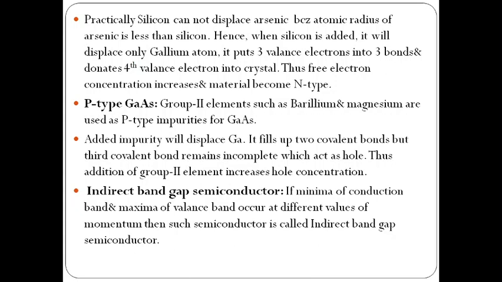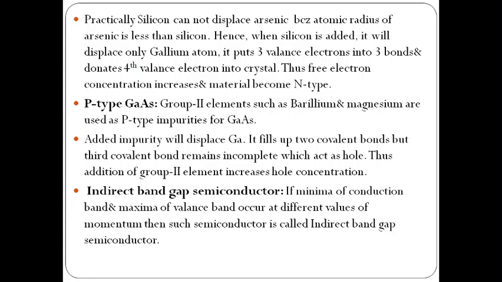It fills up 2 covalent bonds, but the third covalent bond remains incomplete, which acts as a hole. Thus, addition of a group 2 element will increase the hole concentration, and it will act as a p-type material. To make the p-type material, we need to use either beryllium or magnesium.